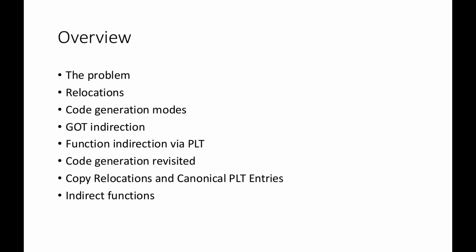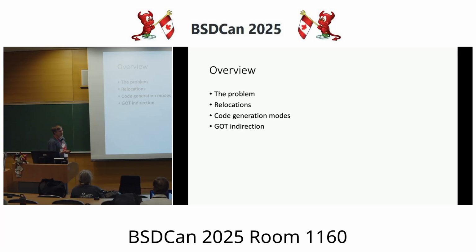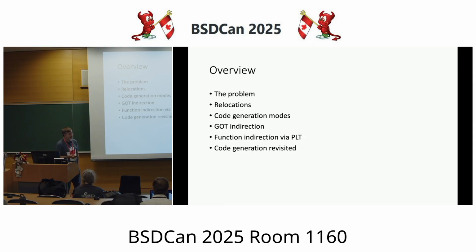I'll start by defining the problem that we're trying to solve with this set of topics. Then we'll talk about relocations and what those are, and different code generation modes that we use in the compiler and the linker to cooperate. Then we'll introduce something called GOT indirection that's used for data variables, and then function indirection for function calls using something called a PLT. Then we'll go back and talk a bit more about code generation modes.